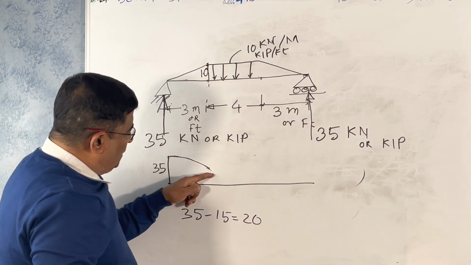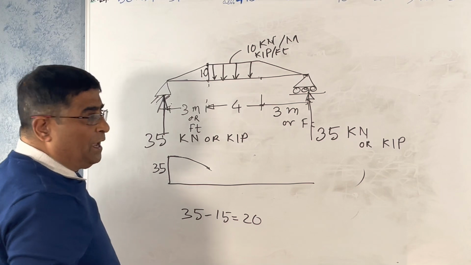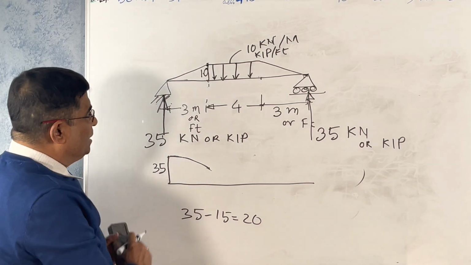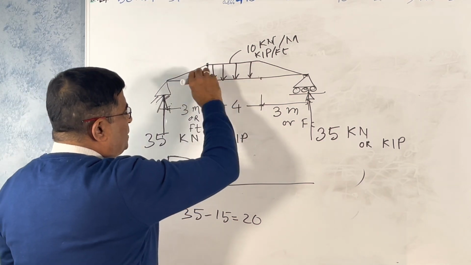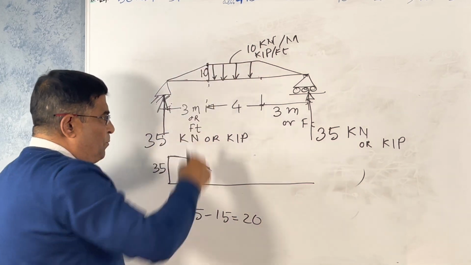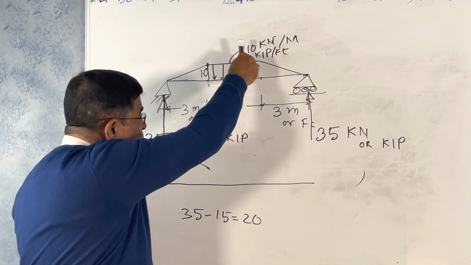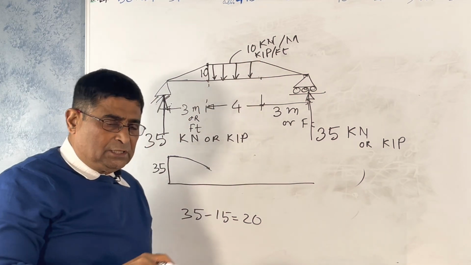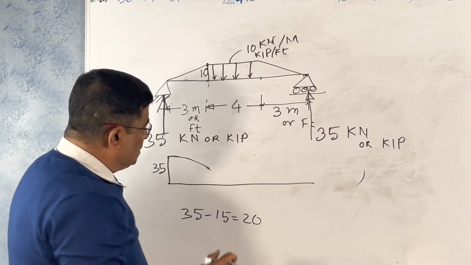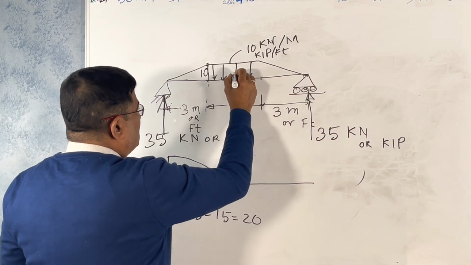But at this point, the behavior of the shear force changes. Then comes the uniformly distributed part. When the load is uniform, the shear force is linear. What is the middle point?